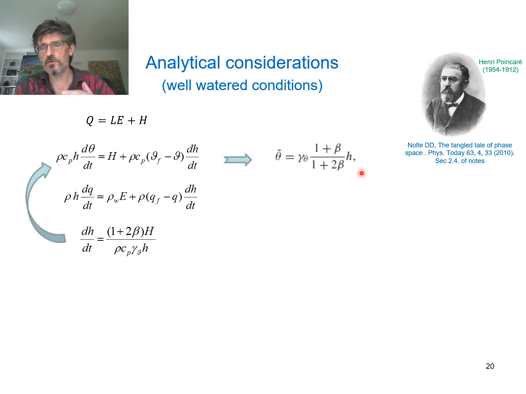So there is a one-to-one connection: higher boundary layer, higher potential temperature; lower boundary layer, less potential temperature. The rest here is just a constant, and it depends on that beta, which is, let's say, 0.5, the factor of the closure of turbulence at the top of the ABL, and gamma theta, which is the lapse rate of the free atmosphere. So nothing that changes in time.